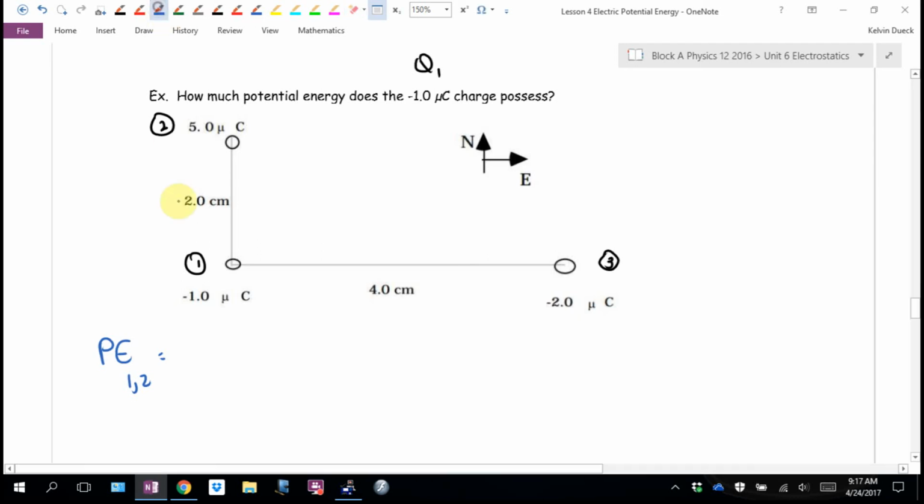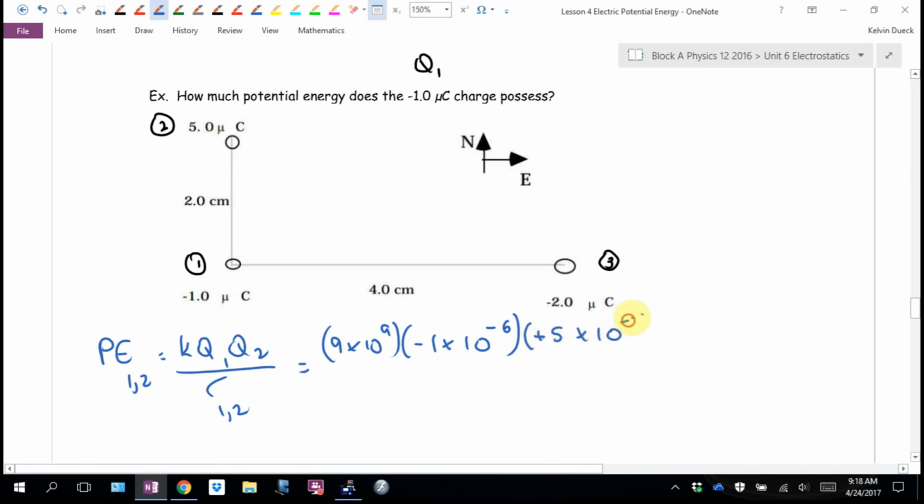So potential energy between charge 1 and charge 2 is going to be k Q1 Q2 over the distance between charge 1 and charge 2. 9 times 10 to the 9th. Charge 1, negative, and I'm going to include the sign because we're in scalarville, 1 microcoulomb. Positive 5 microcoulombs. Mr. Dewitt, do we need to put a plus sign in the equation?